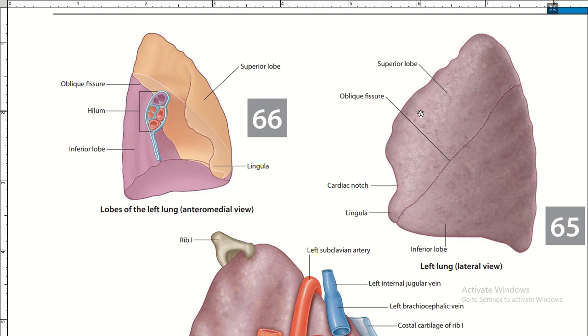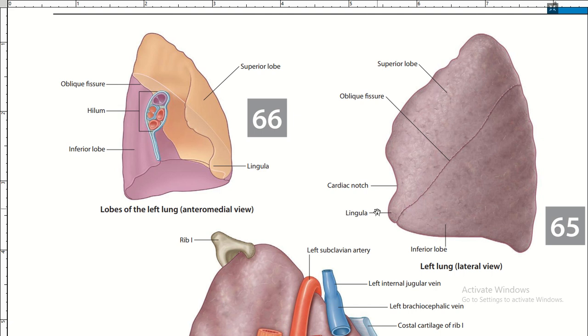The superior lobe has an anterior border, and we said at the level of the fourth intercostal space, the anterior border will move laterally to create a region called a cardiac notch that will be accommodated by the heart. At the lower border of that cardiac notch, you have what you call a lingula.